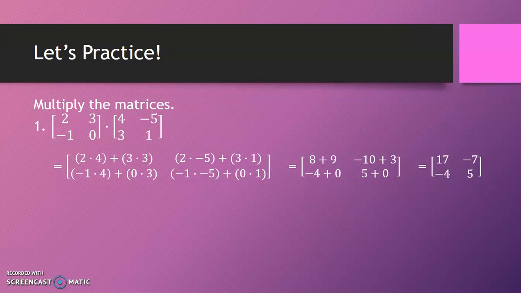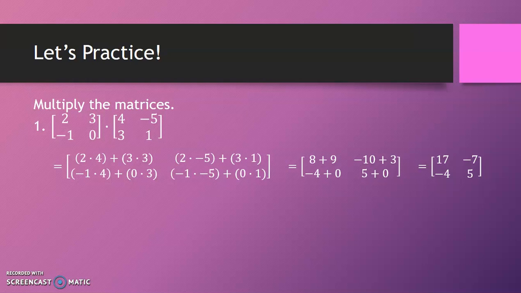So I'm taking 2 times 4 and 3 times 3, and that's why I wrote 8 plus 9. So I continue to do that for the rest of the elements there, and I have negative 10 plus 3, negative 4 plus 0, and 5 plus 0. So then I add, so I have 17, negative 7, negative 4, and 5.